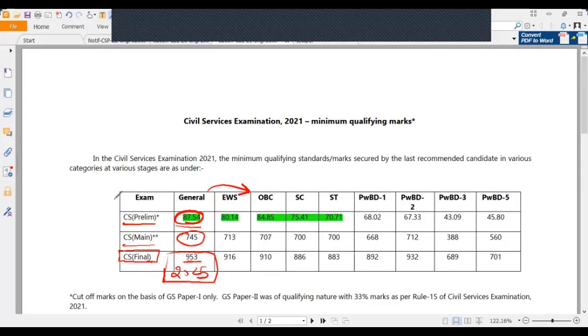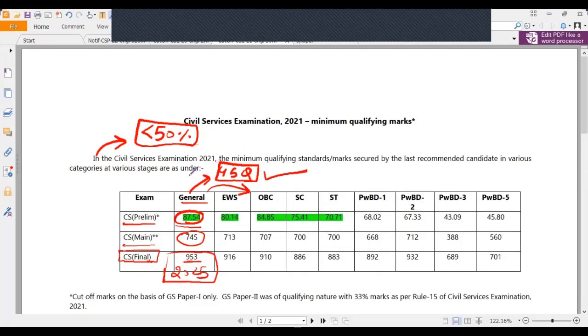So as you can all see, to clear prelims, we need less than 50% marks. Even if you are a general category candidate, you need to attempt a net 45 questions correct, because we have negative marking as well. So net 45 correct questions is good enough to clear the prelims stage.